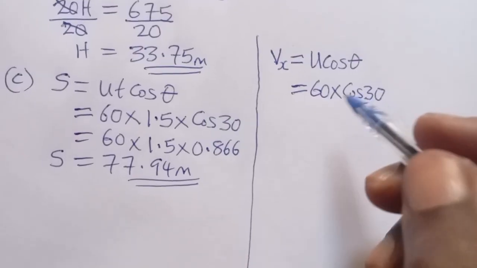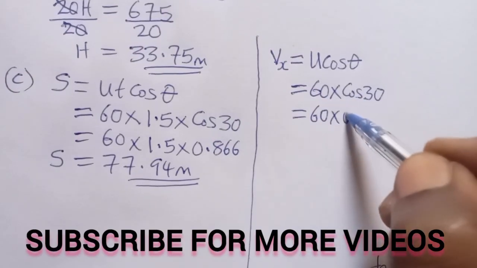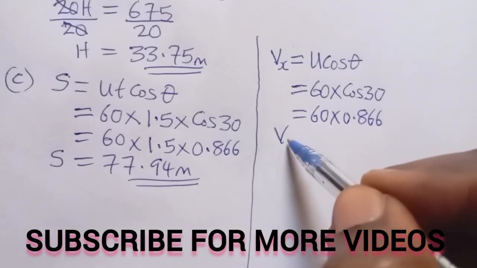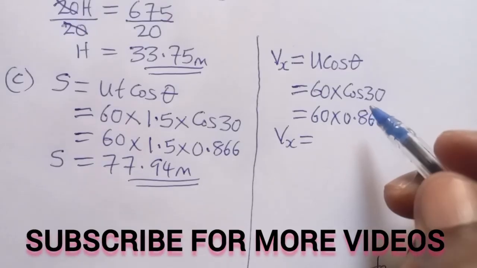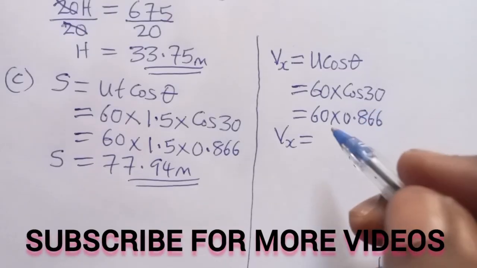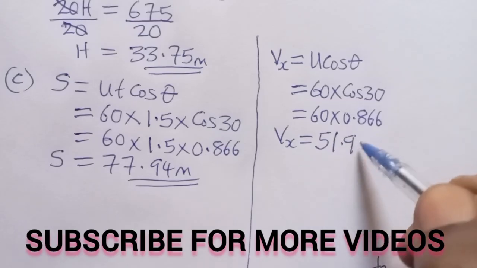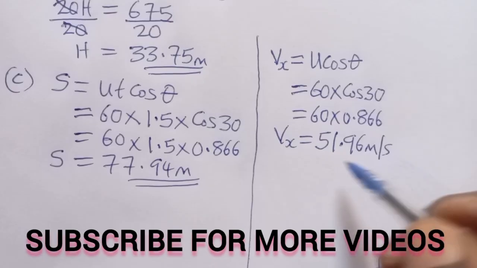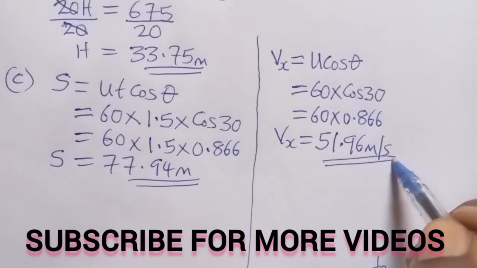The value of the cosine of 30 is 0.866. So by the time we multiply 60 by 0.866, it's going to give us 51.96 meter per second as the horizontal velocity of the motion.